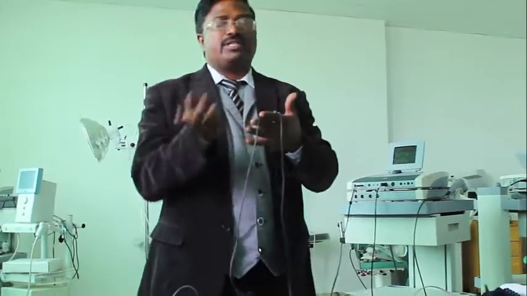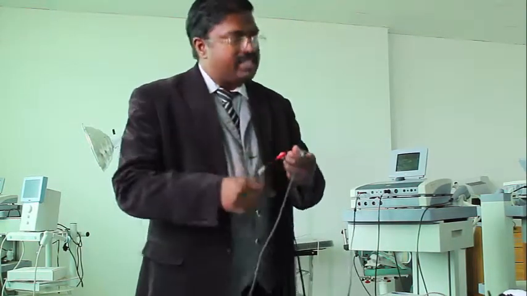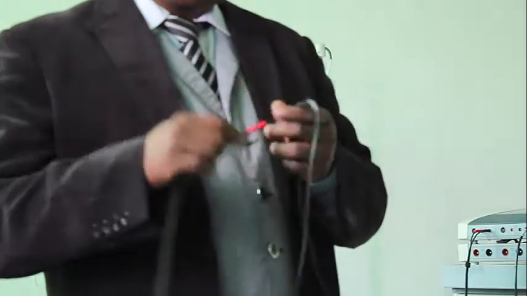Anode is positive, cathode is negative, in case of direct current. In case of alternating current, it keeps shifting. This will be cathode, this will be anode for some time. It will be changing. But if it is a direct current, anode is positive, cathode is negative. In this machine, anode is red, cathode is black. Anode is red and cathode is black for this machine.